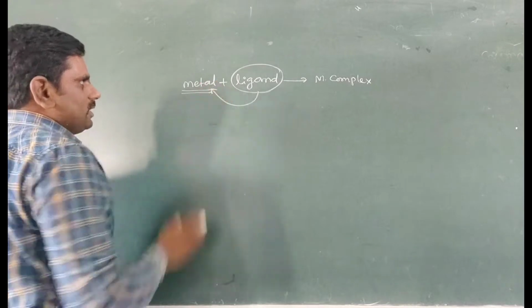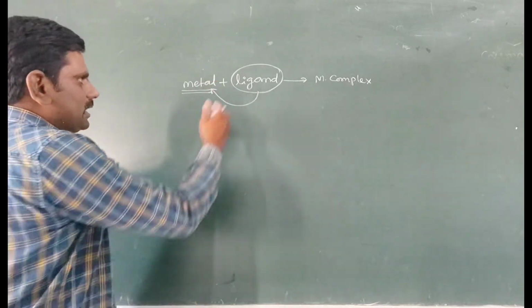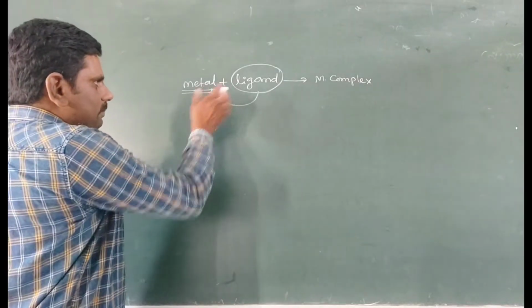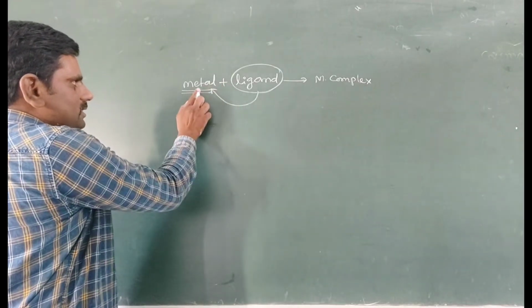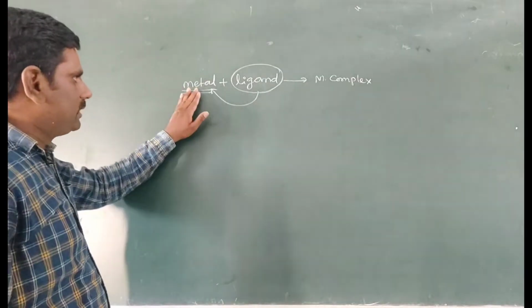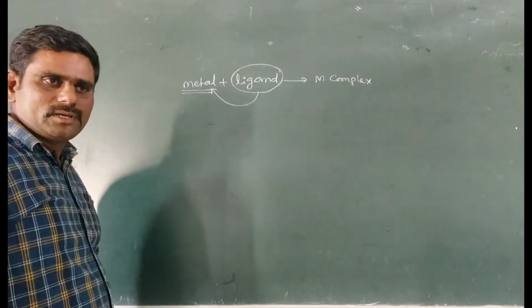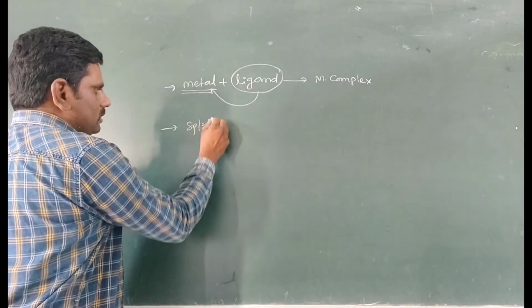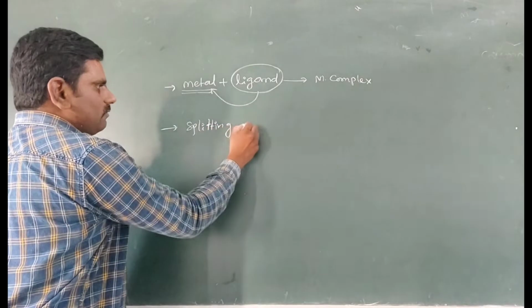Due to this repulsion, the degenerate set of d orbitals present in the metal ion undergoes splitting.